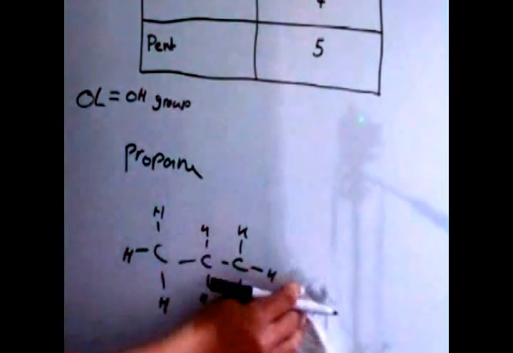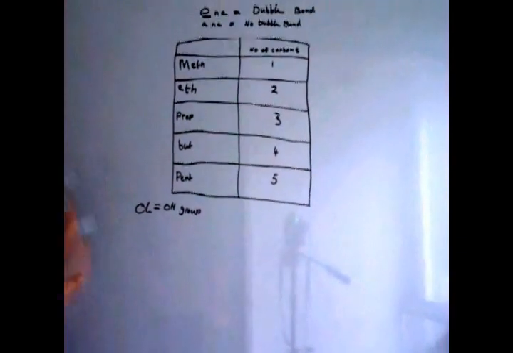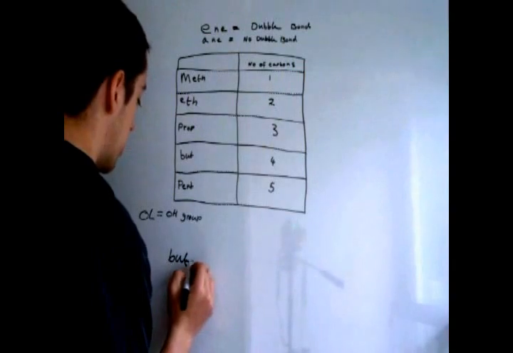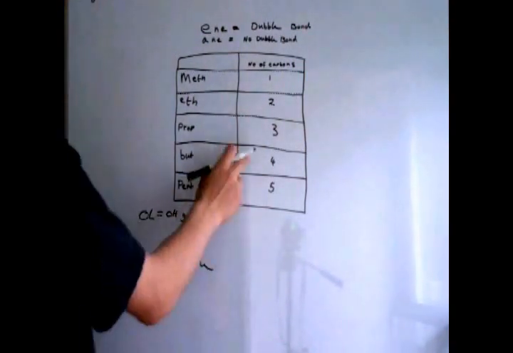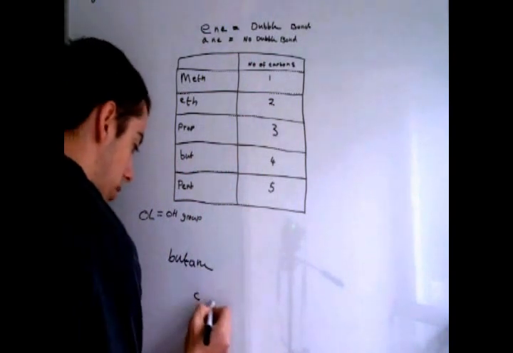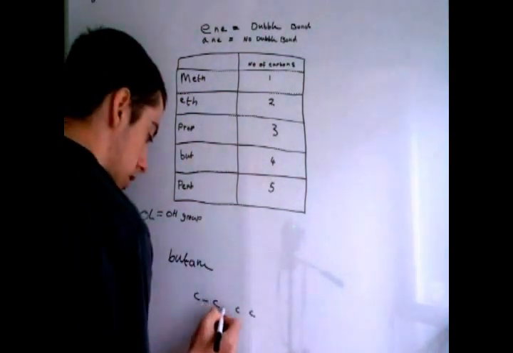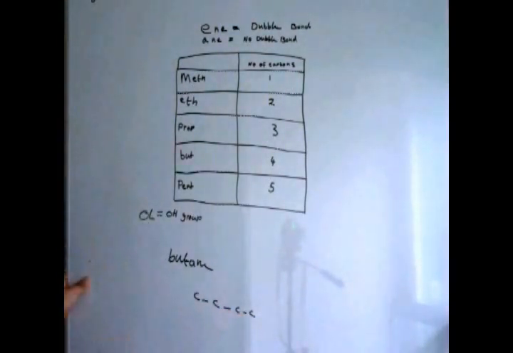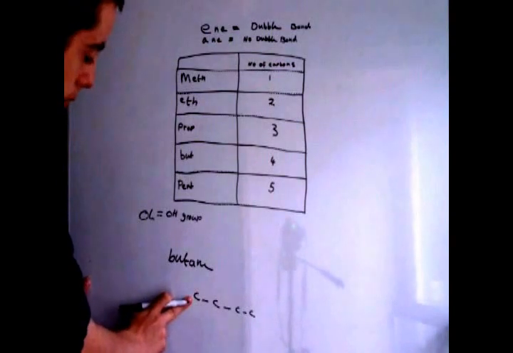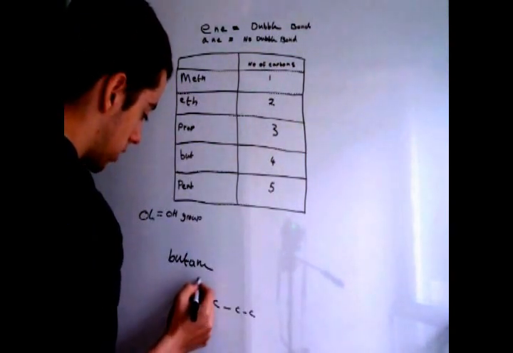So, if we have a look now at butane, which we know has got 4 carbon atoms. So always draw the carbon atoms in first. Okay, and as I said earlier, this one's got 4 possible bonds. 1's used up, so here we've got 3 hydrogen atoms.